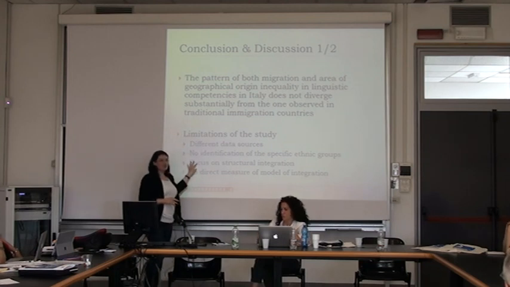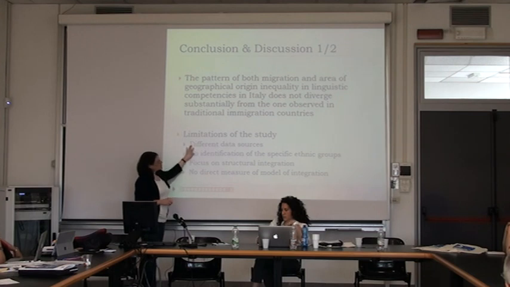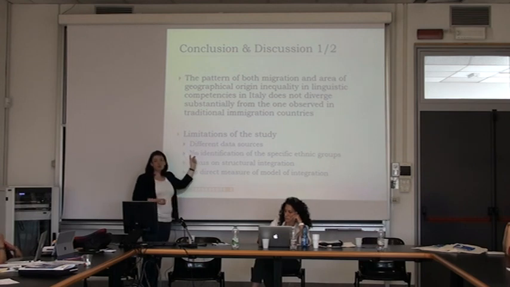There are a bunch of limitations. Of course, the data are different, so this will come with some technical problems. I don't have ethnic groups, so I cannot tell exactly what happens, at least for Italy.